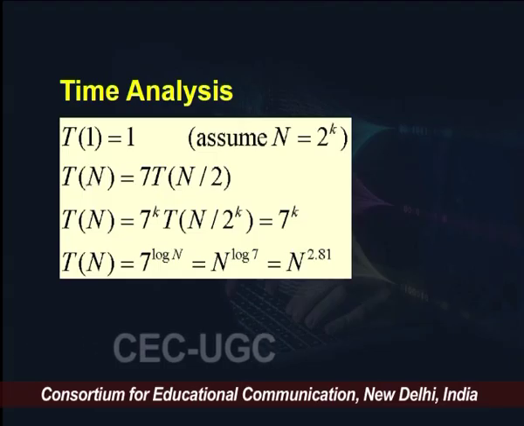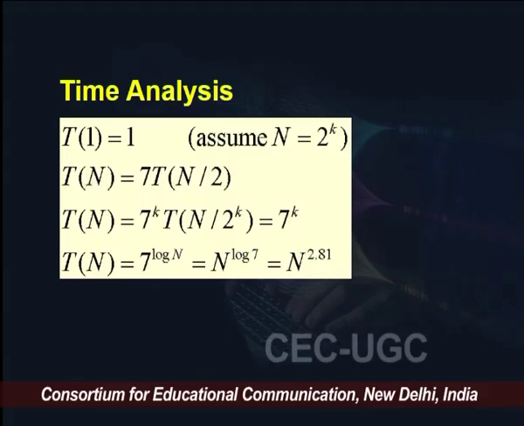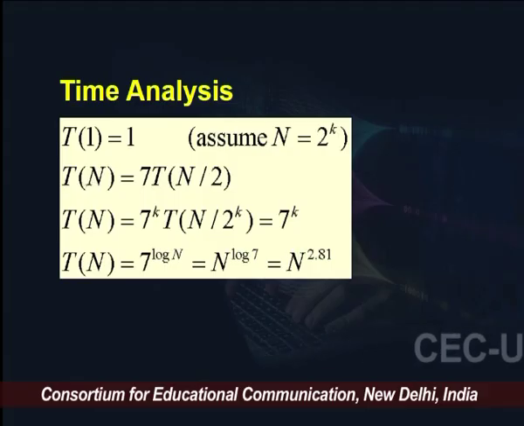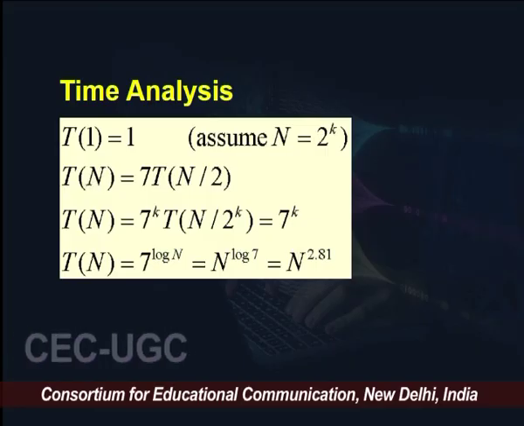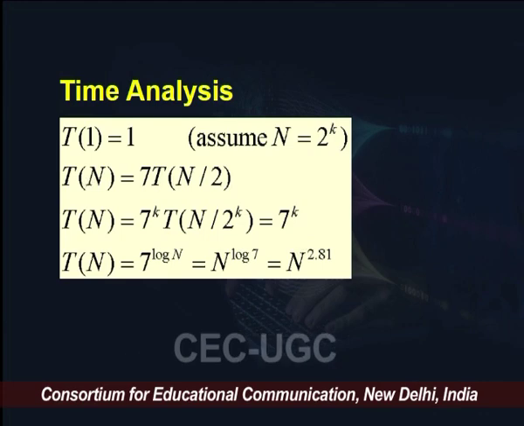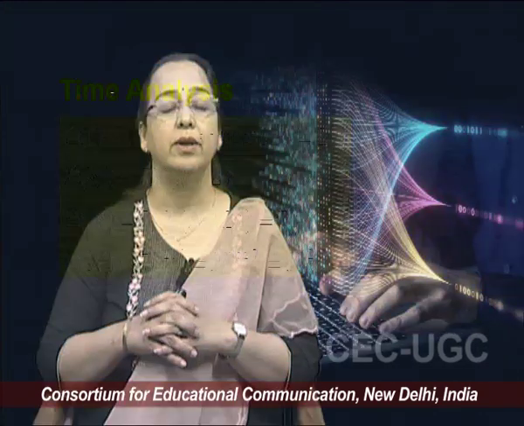So, precisely, T of n comes to n to the power 2.81. In the naive matrix multiplication, the complexity was n to the power 3, and in the divide and conquer Strassen matrix multiplication, we have reduced it to n to the power 2.81.